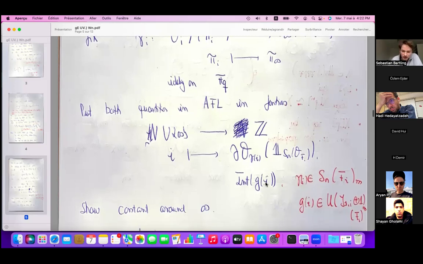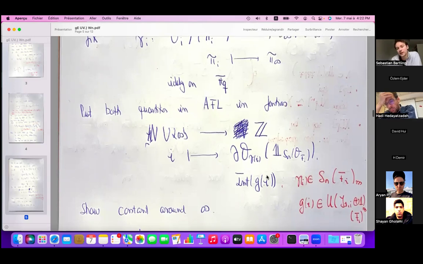And here the other side should be the intersection problem on the unitary Rapoport-Zink space for this field F_i. So the idea is to put this into functions and show it's constant around infinity.